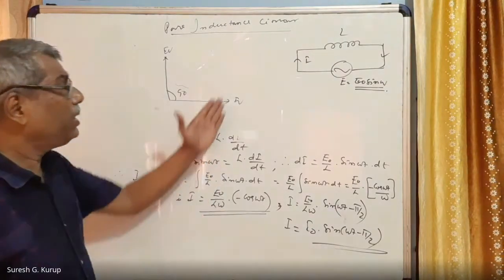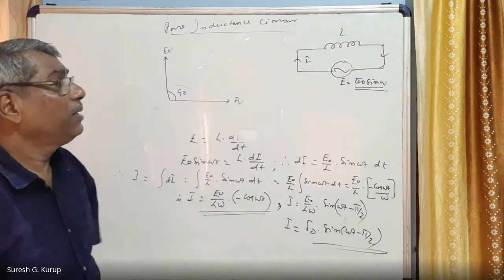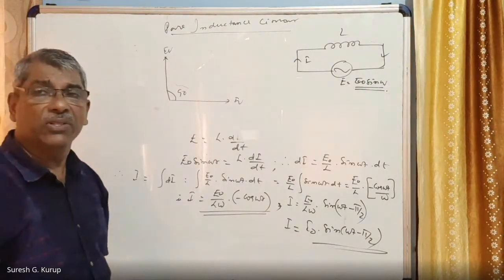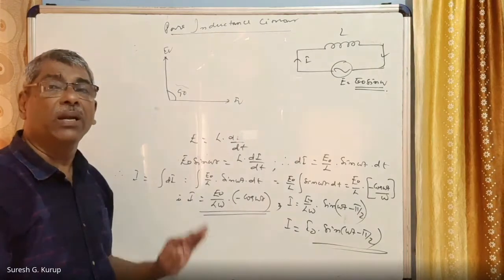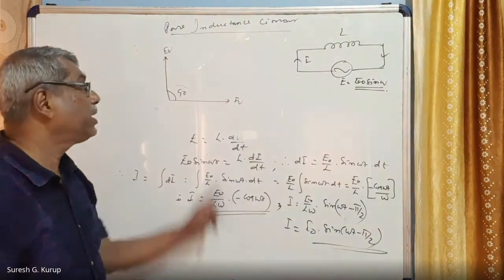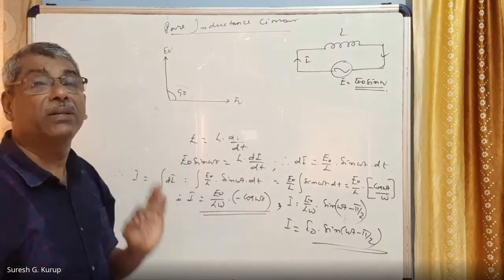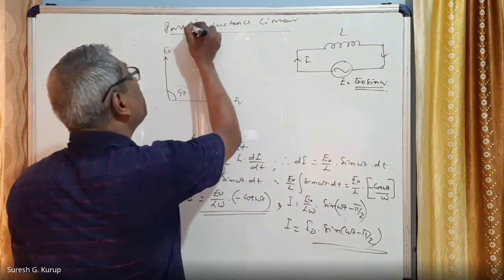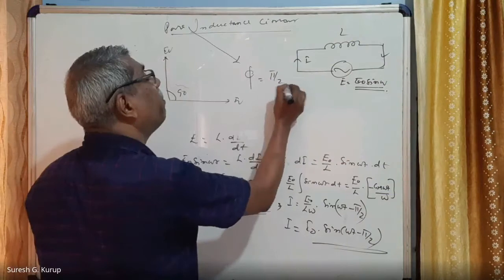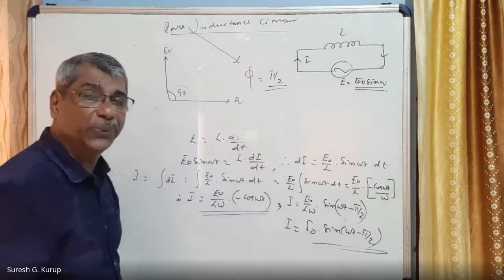Right? So when a pure inductor is applied with an AC EMF of E is equal to E0 sin omega t, the resulting current is always behind the EMF by a phase angle pi by 2. For a pure inductor circuit, the phase angle phi is equal to pi by 2.